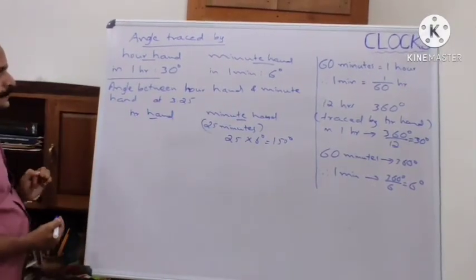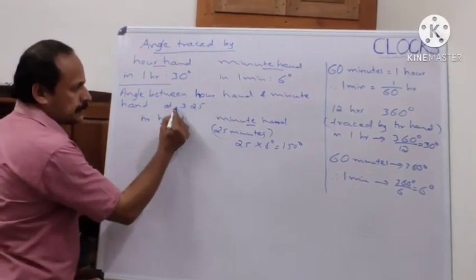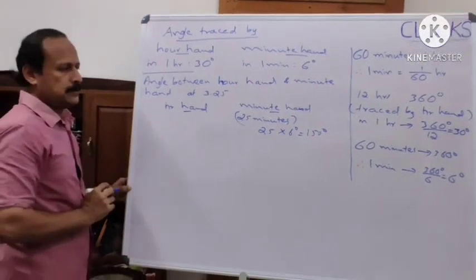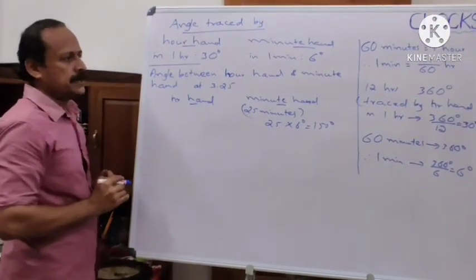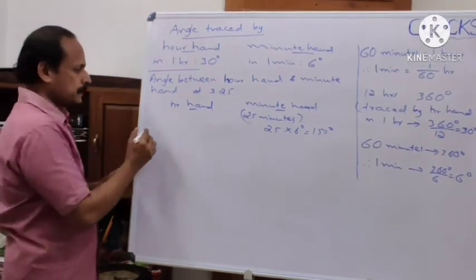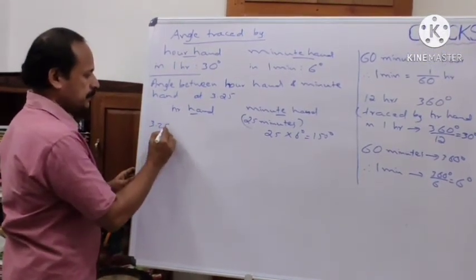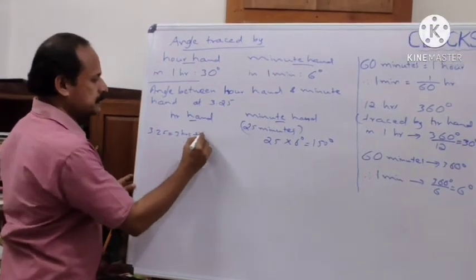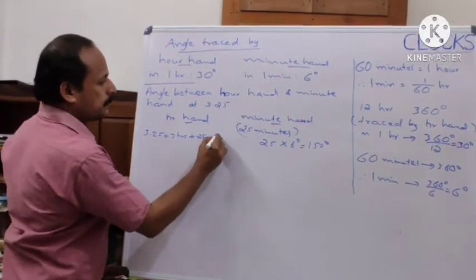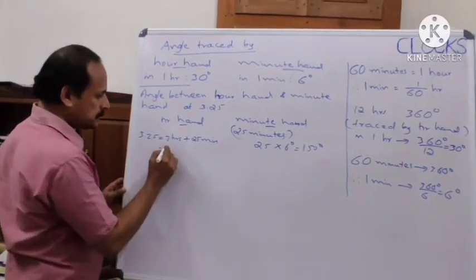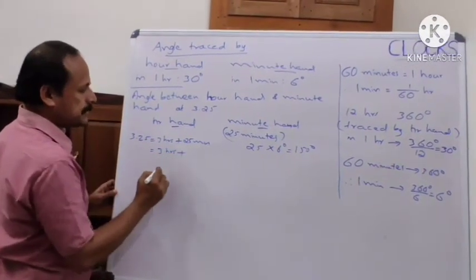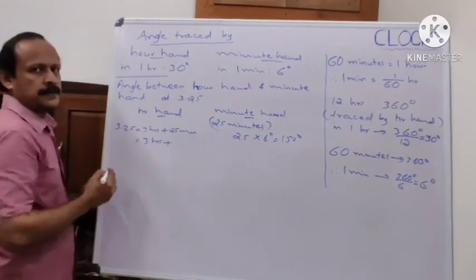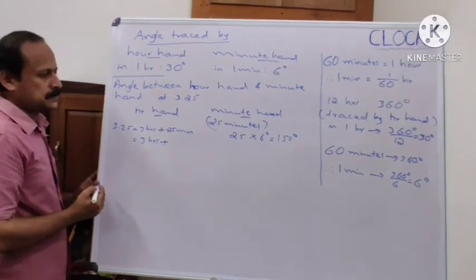And for the hour hand, 3:25 means that 3 hours and 25 minutes. So first of all we need a conversion. 3:25 means 3 hours plus 25 minutes. Convert this 25 minutes to hours.